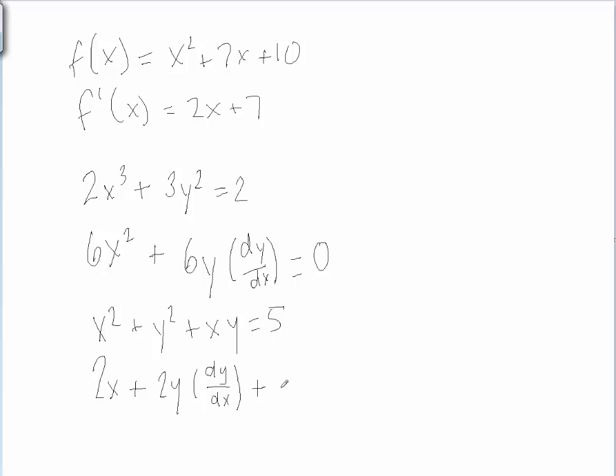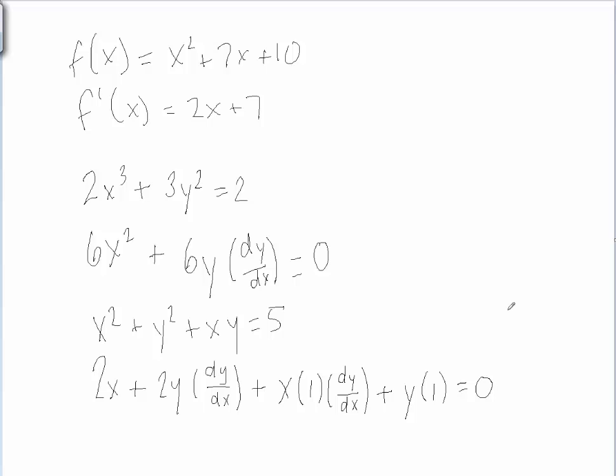So using our product rule, we'll take the first times the derivative of the second. So the derivative of y would be just 1 times derivative of y with respect to x. Plus the second times the derivative of the first.